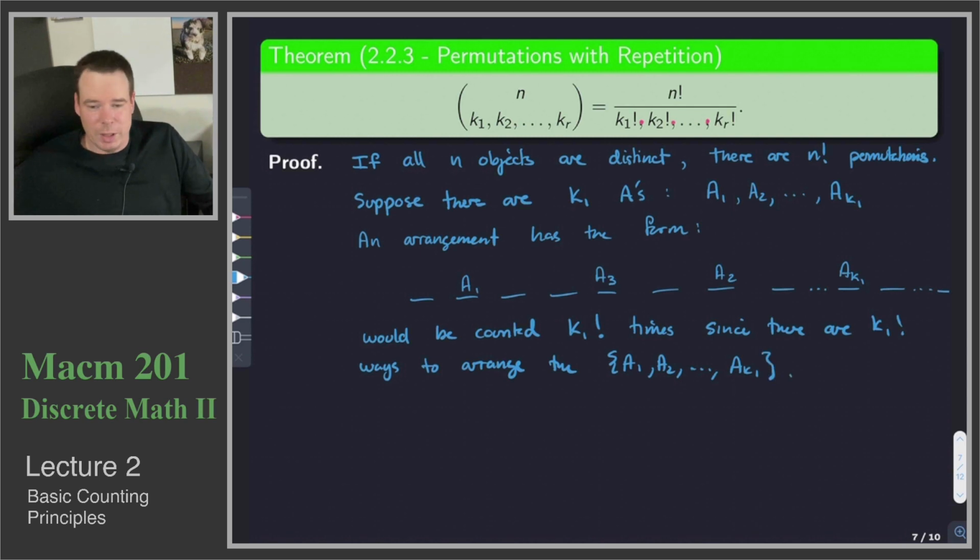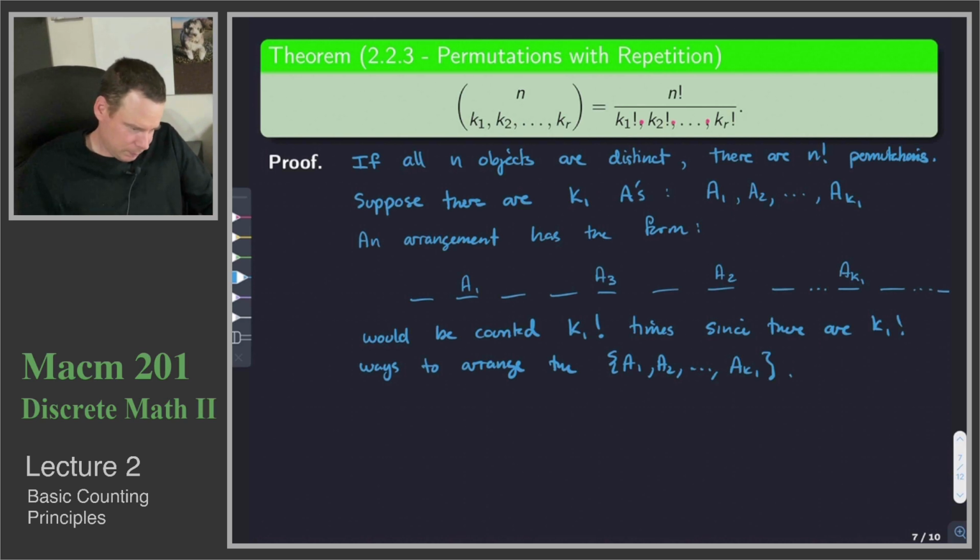So the idea is if I imagine they were all different, then the words I create with the A's in these positions where their subscripts were all switched around, that would account for K1 factorial different arrangements, which would all be considered the same as soon as I forgot subscripts.